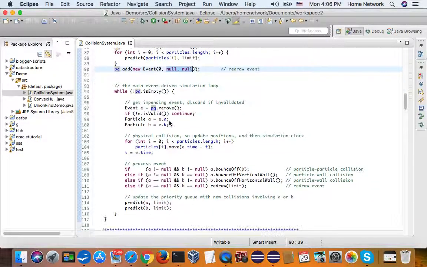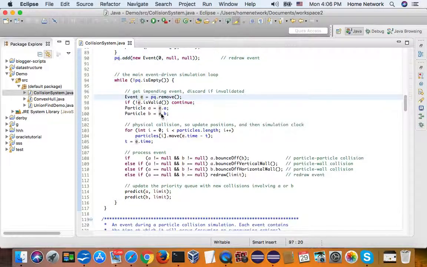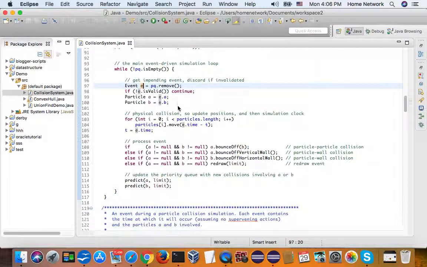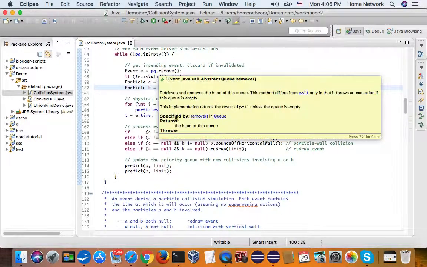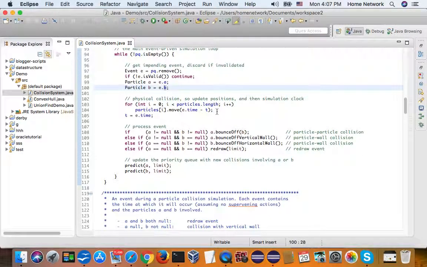one at a time. Okay, here this is a while loop. We get the highest priority event, and we examine what's in that event. Find the two parties involved in that collision. Since this is the highest priority event that happens at the nearest future, we know that at the time that event happens, no other collision happens before that.